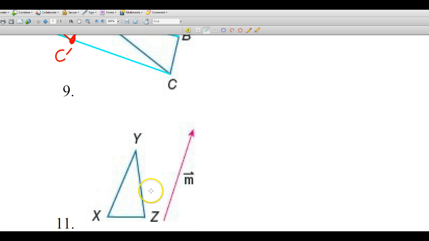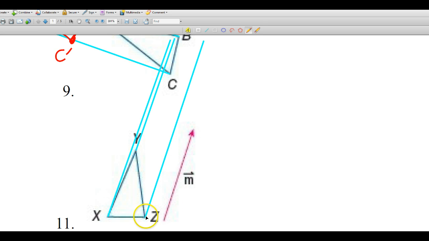Same with number 11. Draw parallel lines through each vertex. Measure your vector.